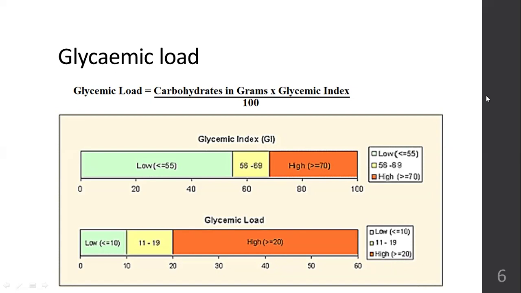As I mentioned, glycemic index is a ranking system. The rank will not change. Do you remember how many grams of carbohydrates we were checking in glycemic index? How many grams were mentioned in the formula? 50 grams, right?